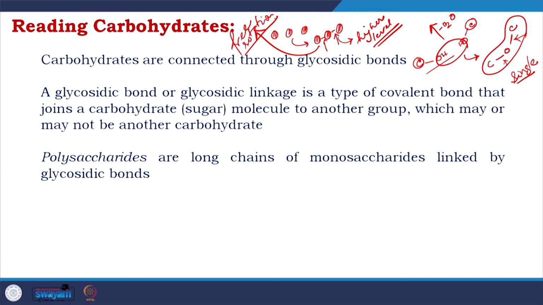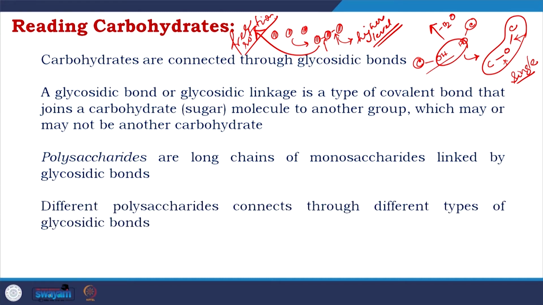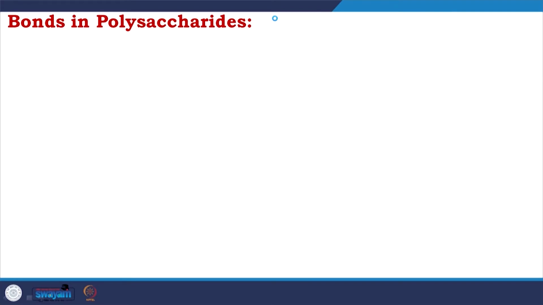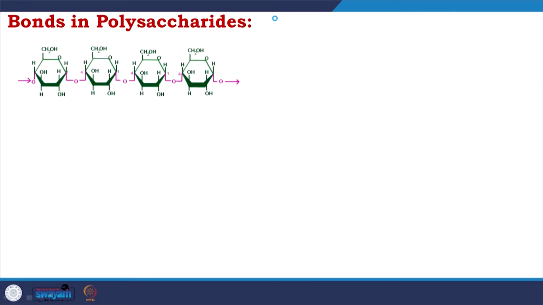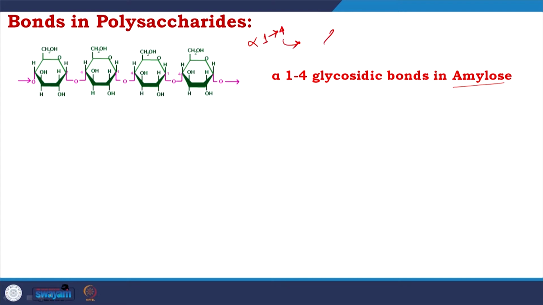Polysaccharides are long chains of monosaccharides linked by glycosidic bonds. Different polysaccharides are connected through different types of glycosidic bonds. Let us take a look. This is an alpha 1 4 glycosidic bond, present in amylose, and you see that when it is alpha 1 to 4, this is forming a straight chain.